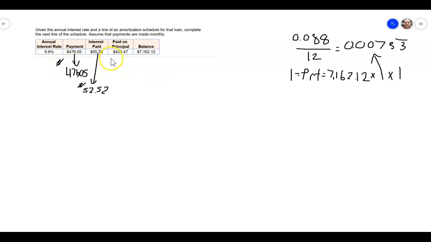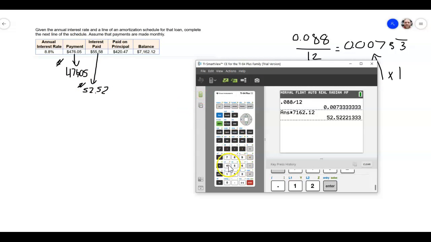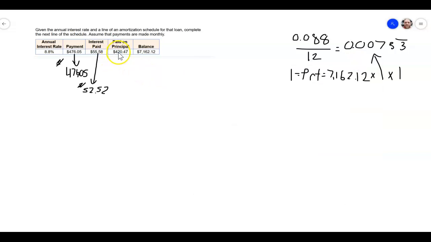So the amount that I'm paying on principal, remember this is my payment, and this is the amount that I paid on interest. So if I take the 476.05 and subtract the 52.52, all the rest of that is 423.53.